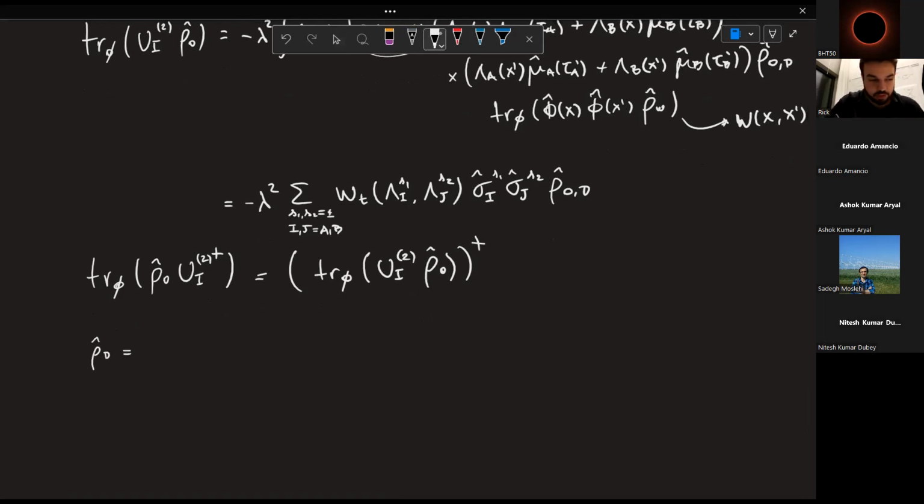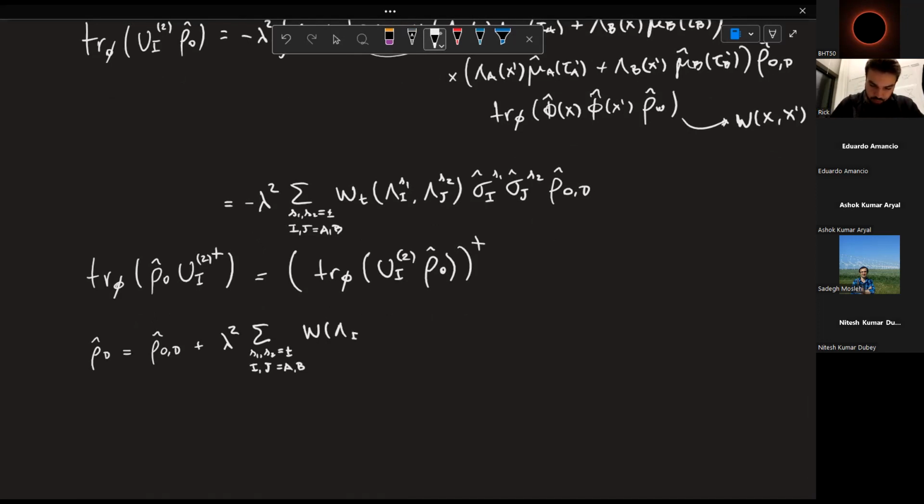So the final state of the detector will then be given by whatever the initial state was, because this is perturbation theory, plus lambda squared. And then in every single one of these three terms, we're going to have the sum over S1 and S2 equals plus or minus, the I and J equals A, B.